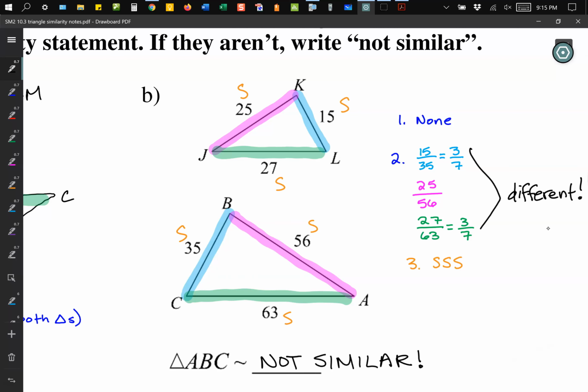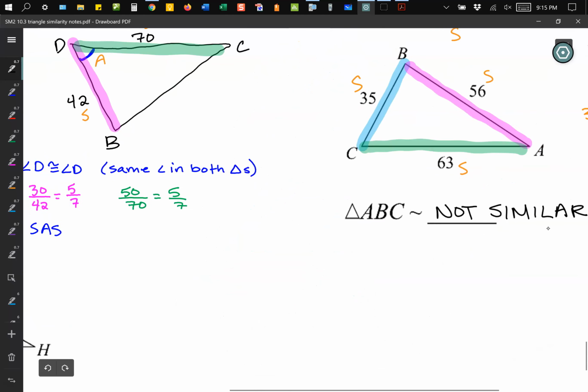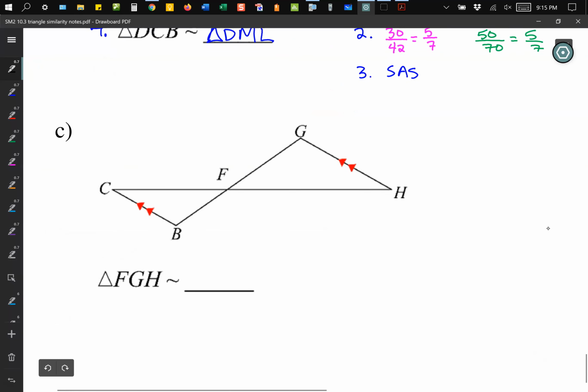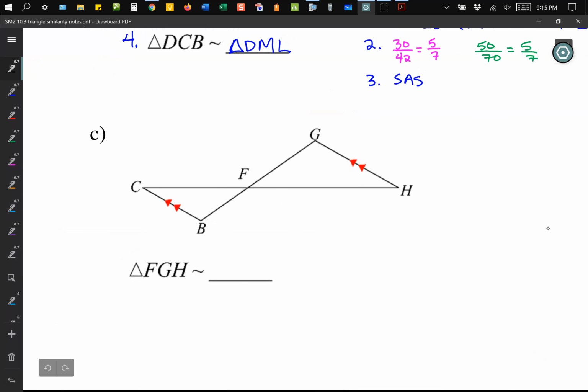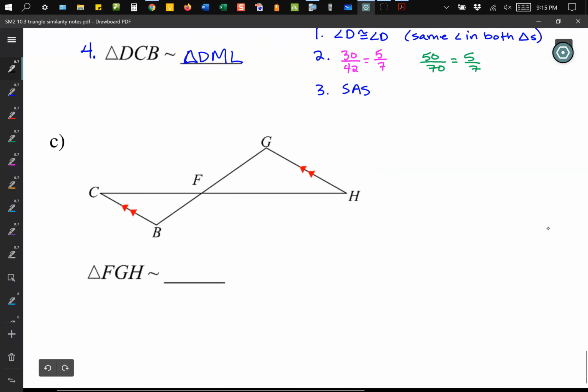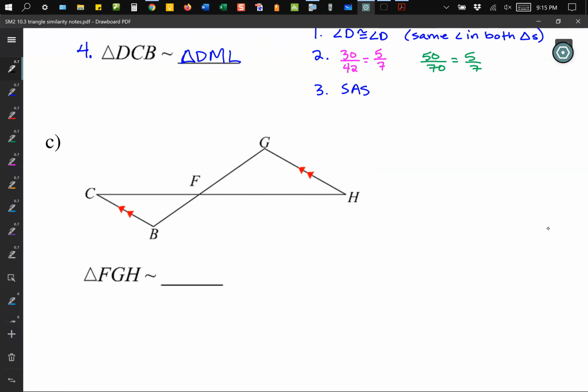Last one on here. Ooh, this one's tricky because I don't see any numbers. So that means there must be some things we're looking for with some congruent angles.